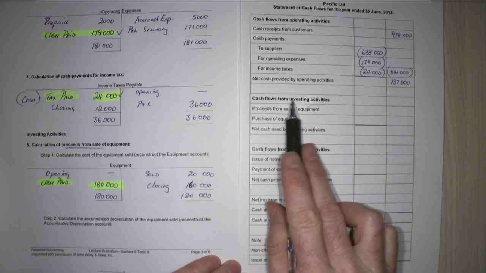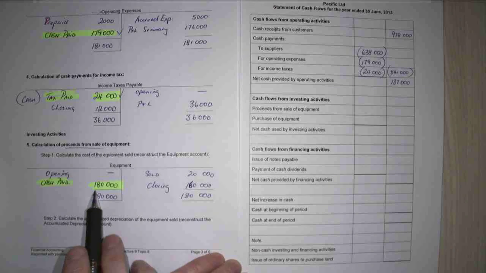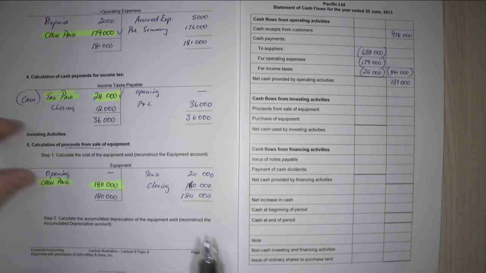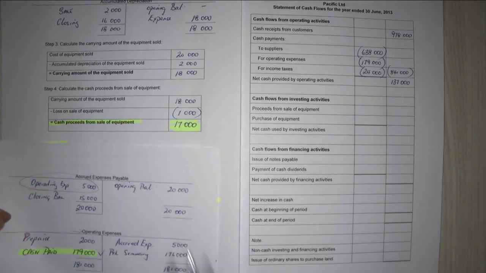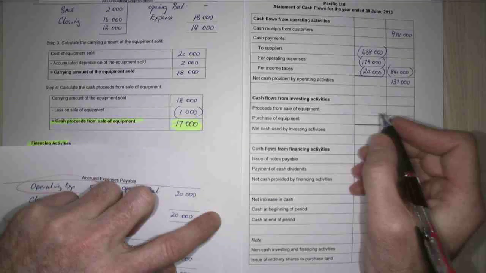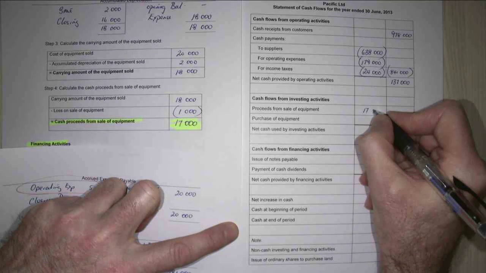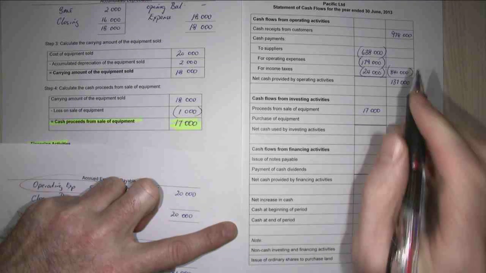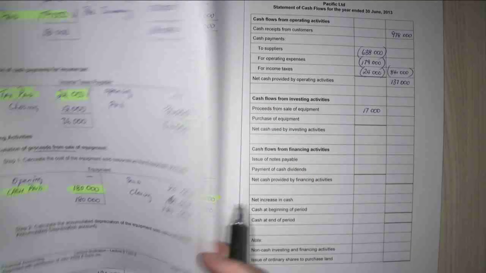Next, I'm looking for my cash flow from my investing activities, which include the proceeds of sale of equipment. Proceeds of sale of my equipment is over here. So my cash proceeds for the sale of my equipment is $17,000, and that's a cash inflow. So I'm going to leave it like that, and I'll just tick that item off.